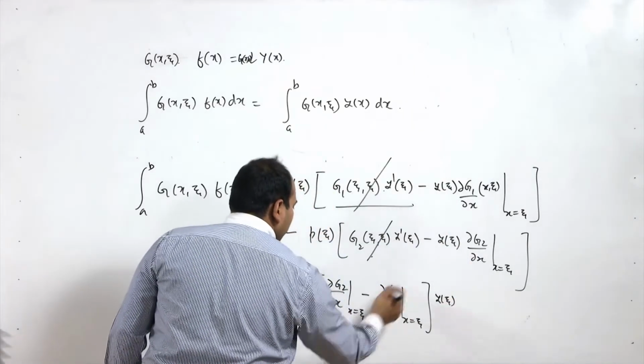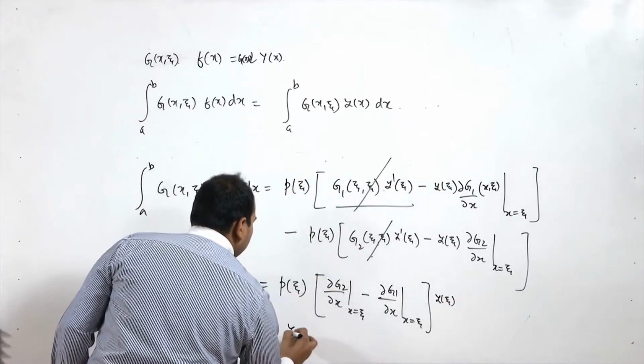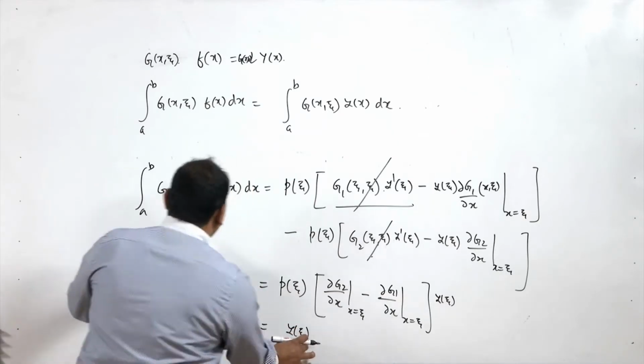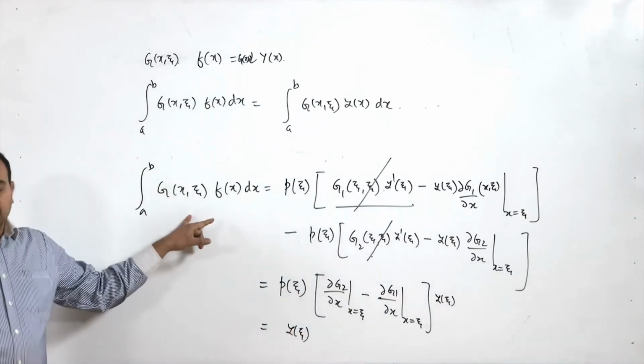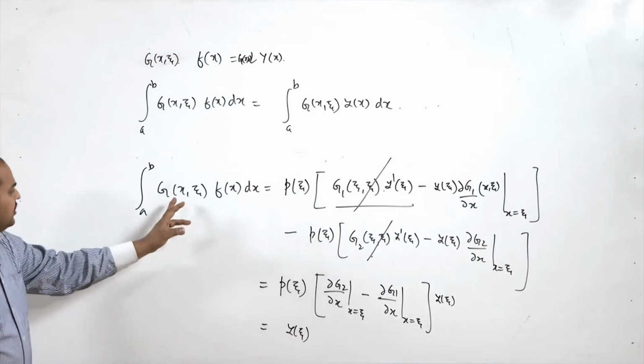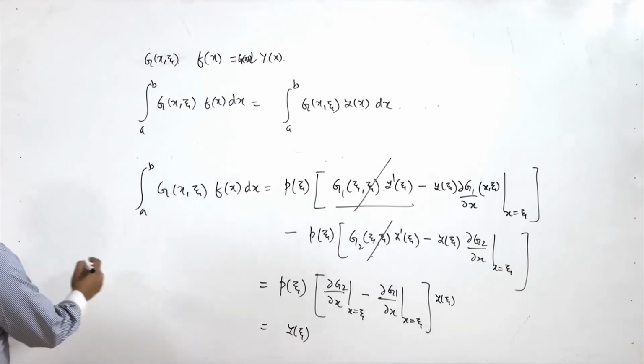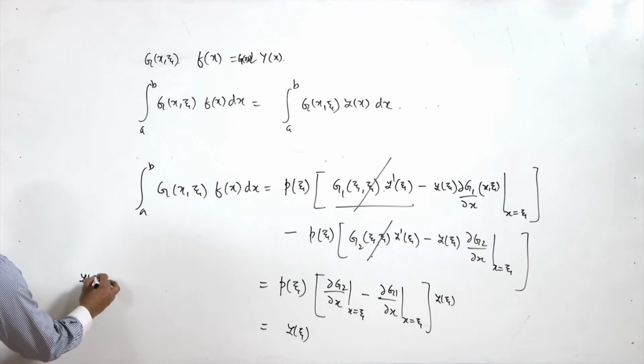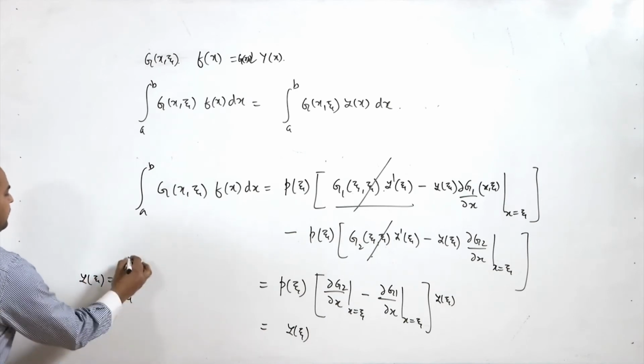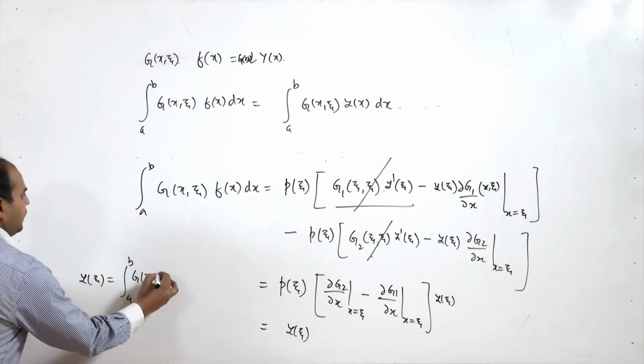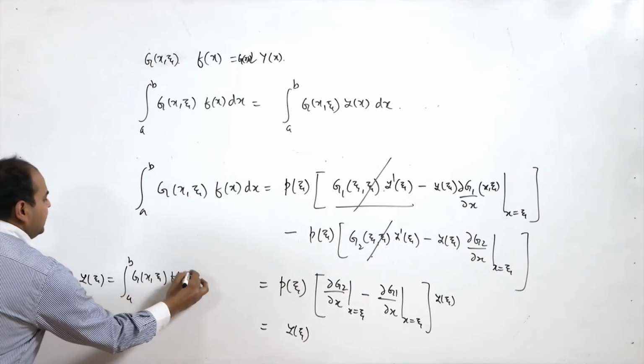So this is basically 1 upon p(ξ), so I will get y(ξ) here. So y(ξ) is given by this formula. Now what we try to do here, we simply write y(ξ) equal to integral a to b g(x, ξ) f(x) dx.